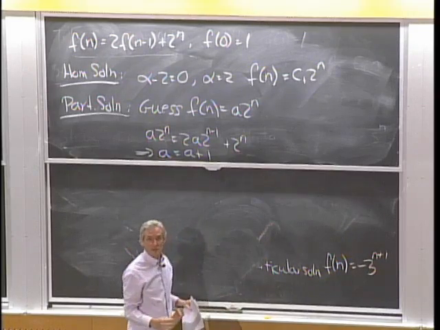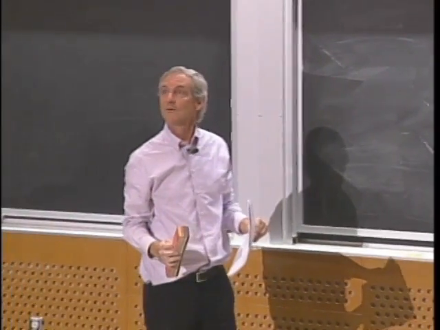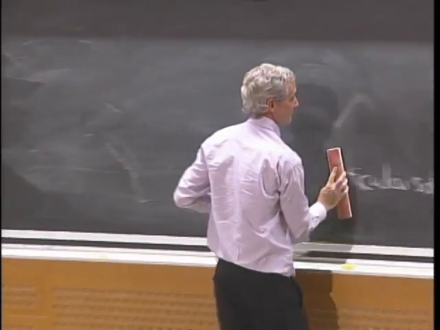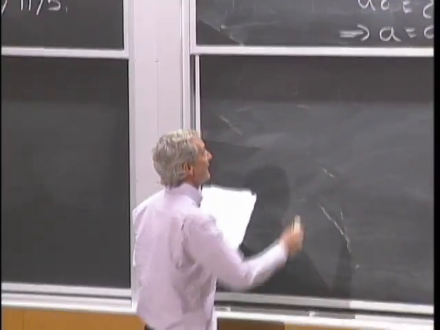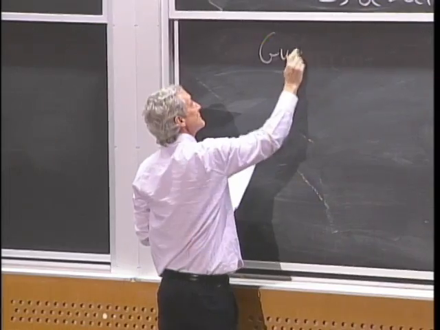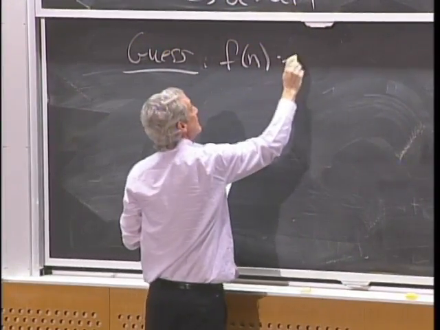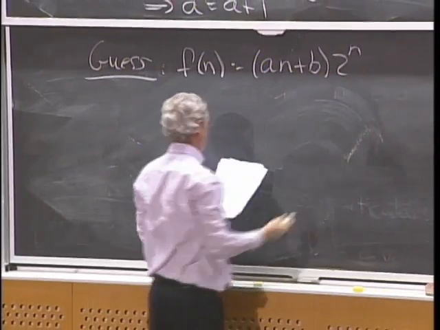All right, so what do I do? Any thoughts about what I'm going to do next? Guess. Change the guess. What's the next guess going to be? Yeah. All right, so now I'm going to guess f of n is an plus b 2 to the n.